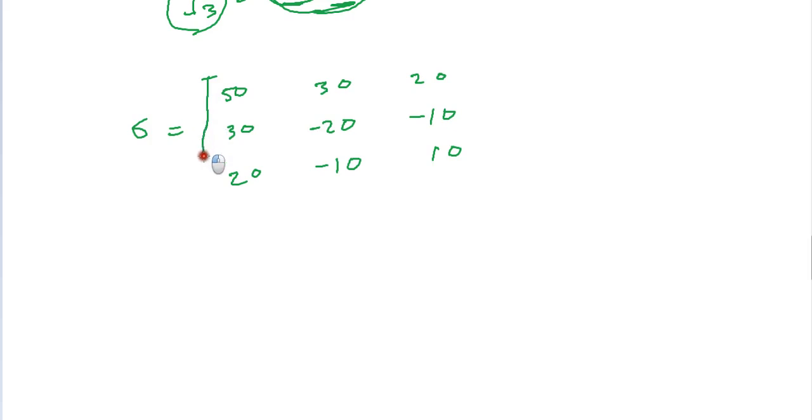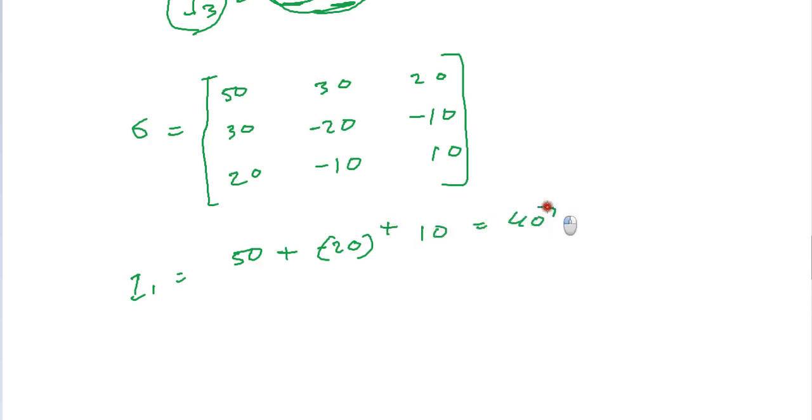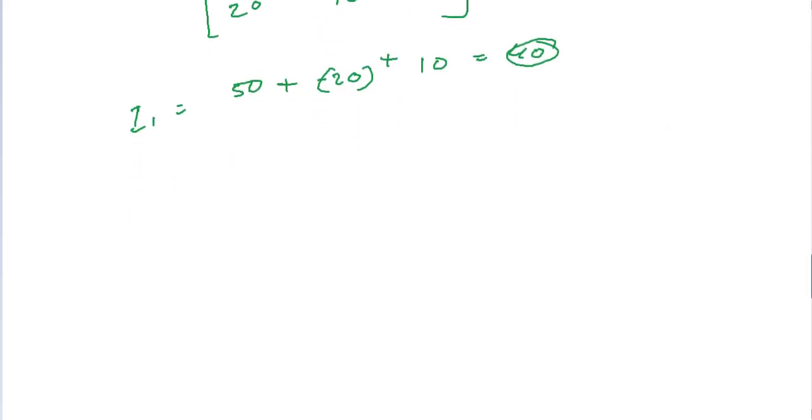What is the first invariant? The first invariant is nothing but the trace. So I1 is equal to 50 plus minus 20 plus 10, equal to 40. So the first invariant is 40, and this is a scalar.